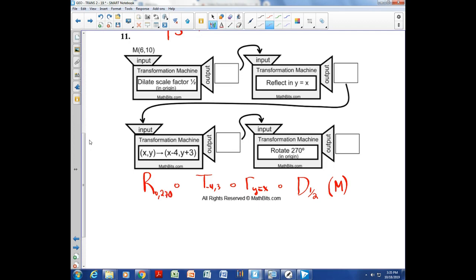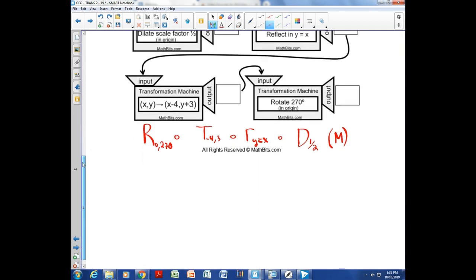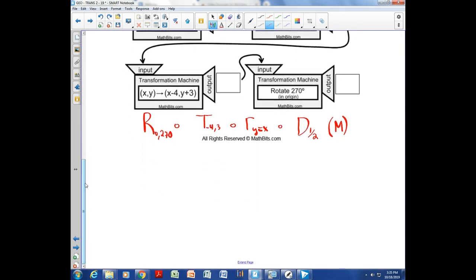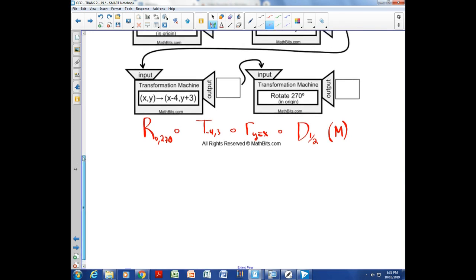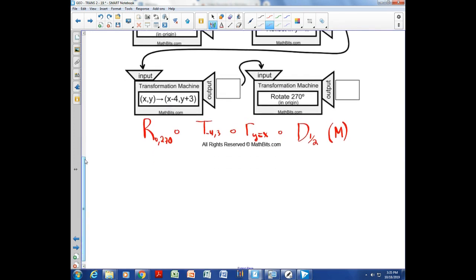270 degrees. Now, when I have a composition that looks like this, it means we have a point, and I'm going to write the coordinates next to it, and it's (6, 10). So our coordinate is (6, 10), there's our M. And we're going to put it through this machine.